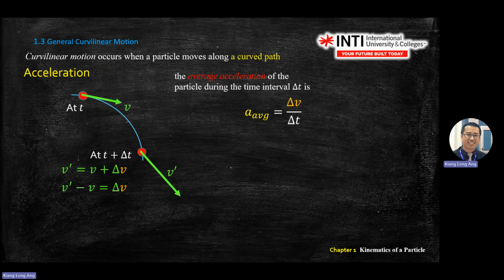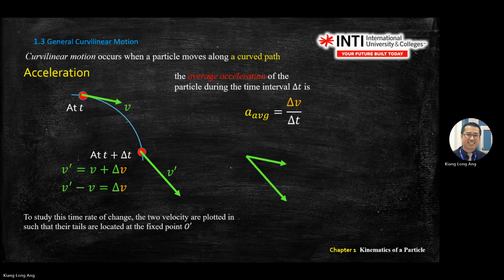But you rearrange, you arrive at another equation. The way you draw in curvilinear motion is a bit different from normal rectilinear motion. You're always referring to the center of the circle, right?